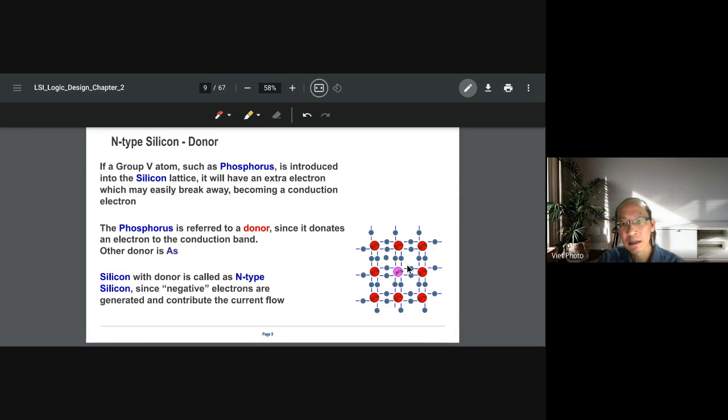That extra electron is free from the lattice, free from the matrix, so it can move around. It has more freedom to move, and it gives the lattice some conductivity.